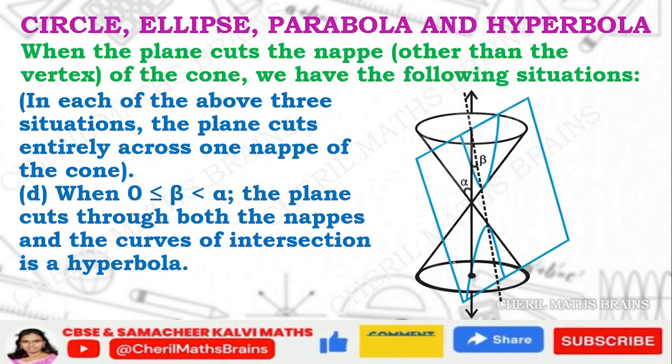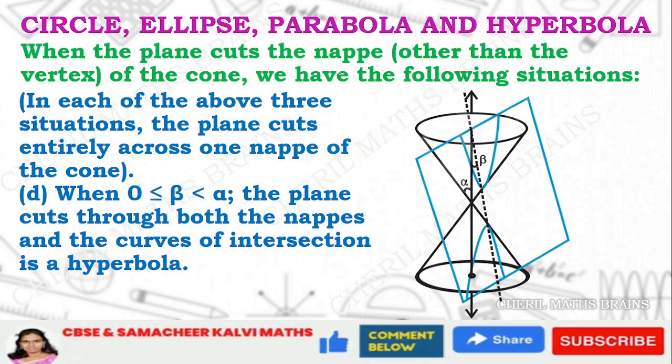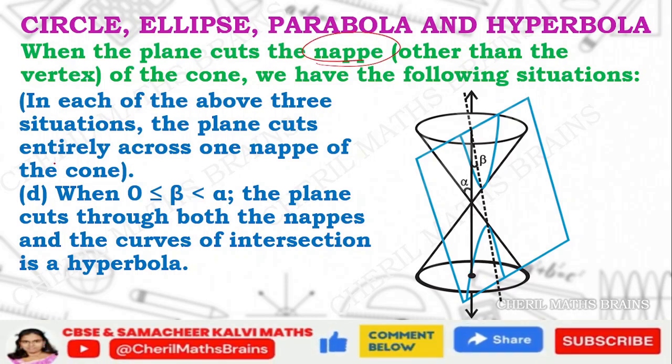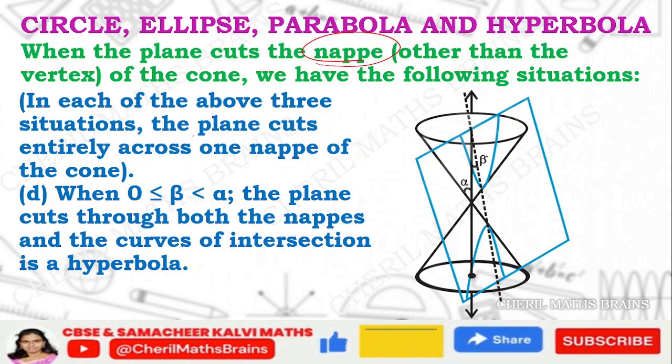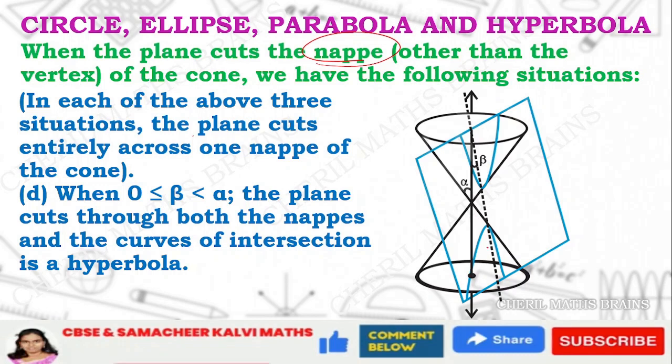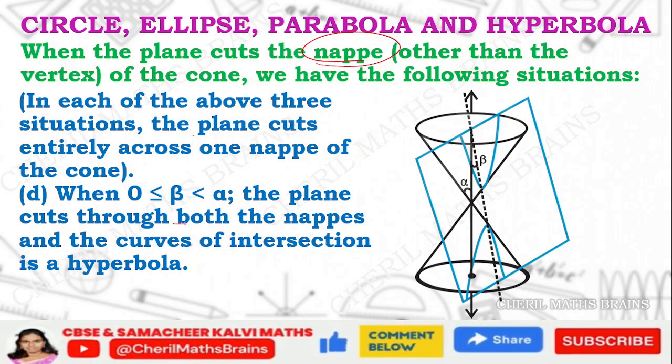The final one is the hyperbola. In all the previous cases we cut only one part of the nape, but here the plane cuts across one nape in such a way that it cuts through both the napes.